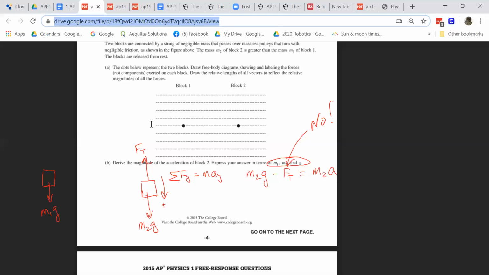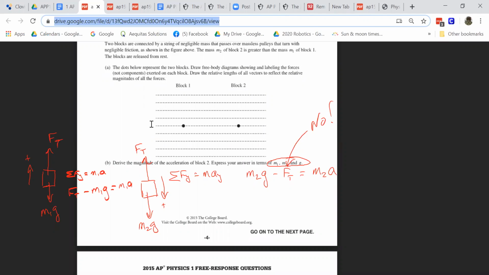And then I've got FT right here. Oops, FT. And we know it's going to accelerate up, so I'll make that the positive direction. And if I sum the forces in the y direction, it's going to be equal to M1 times A. In the y direction, I've got FT minus M1G equals M1A.